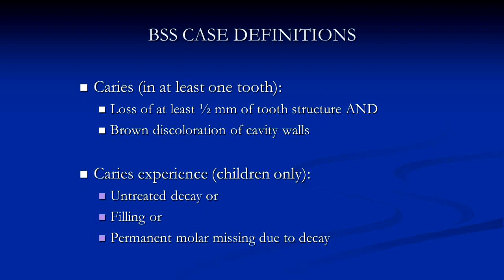So you're looking at whether they've had a loss of tooth structure of at least 0.5 millimeter, and if they have a brown discoloration of that tooth structure around that cavity wall. If they have both of those, then you can mark them in the yes category and then move on.